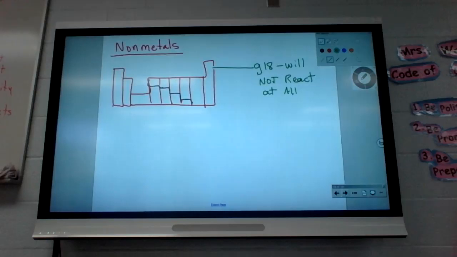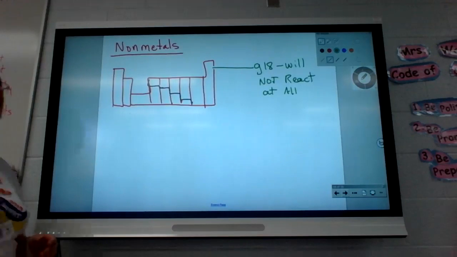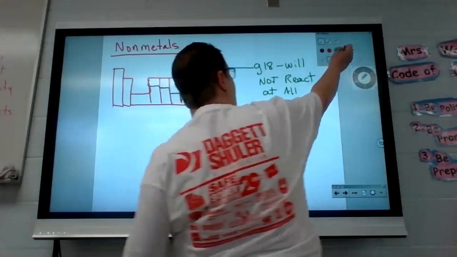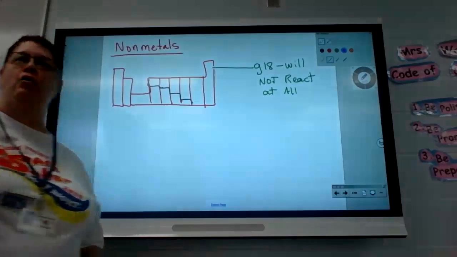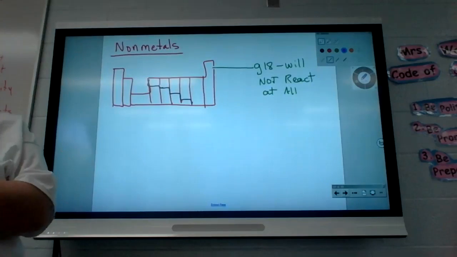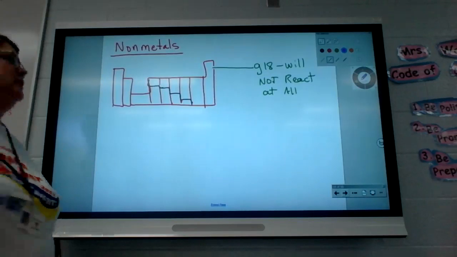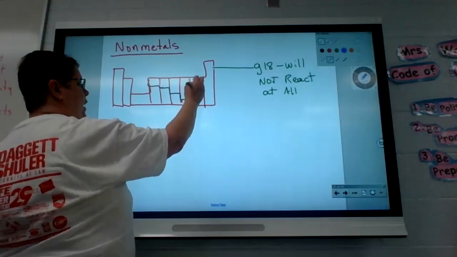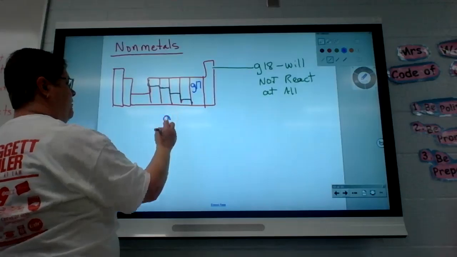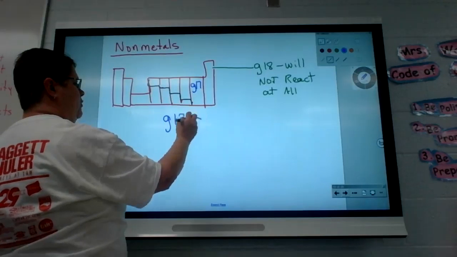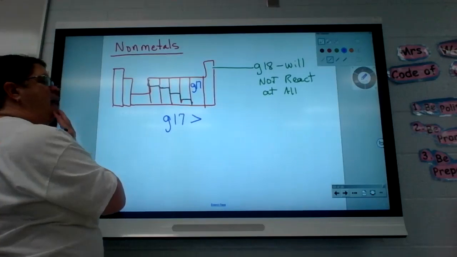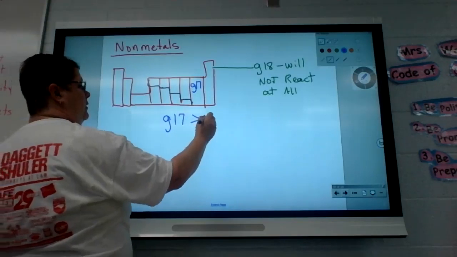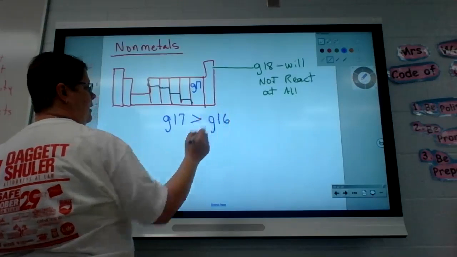Now, which group did we say is the most reactive of the non-metals? Okay, so group 17 is right here, right? So group 17 is the most reactive. Who would be the next most reactive? Okay, next.